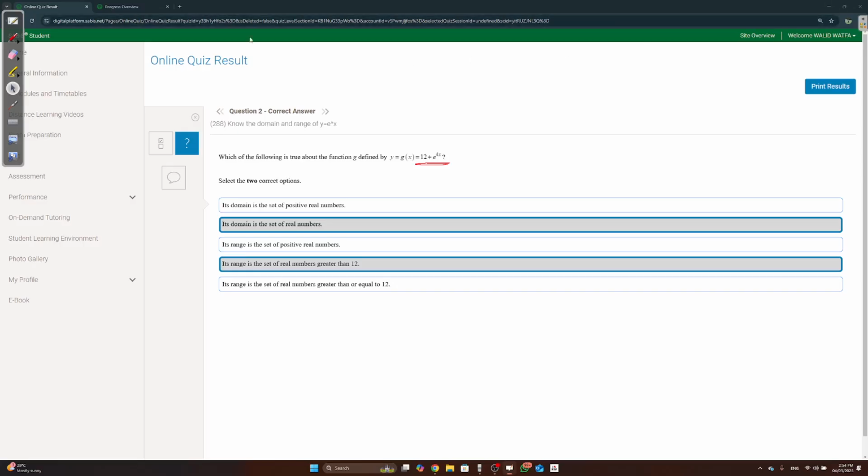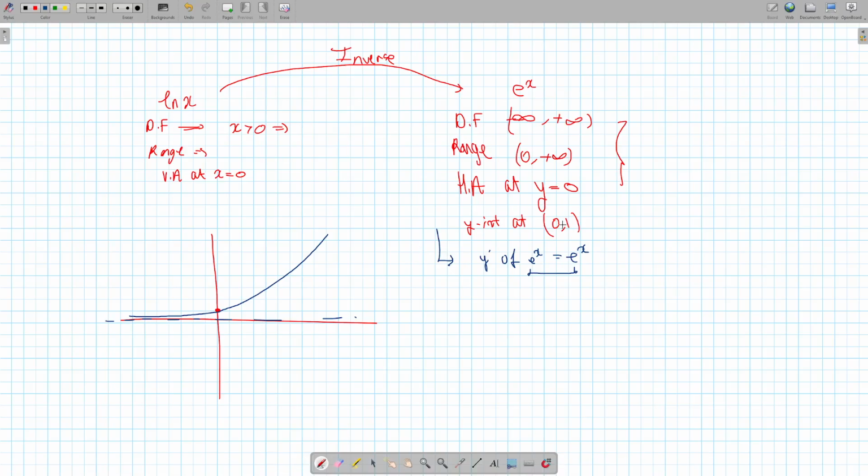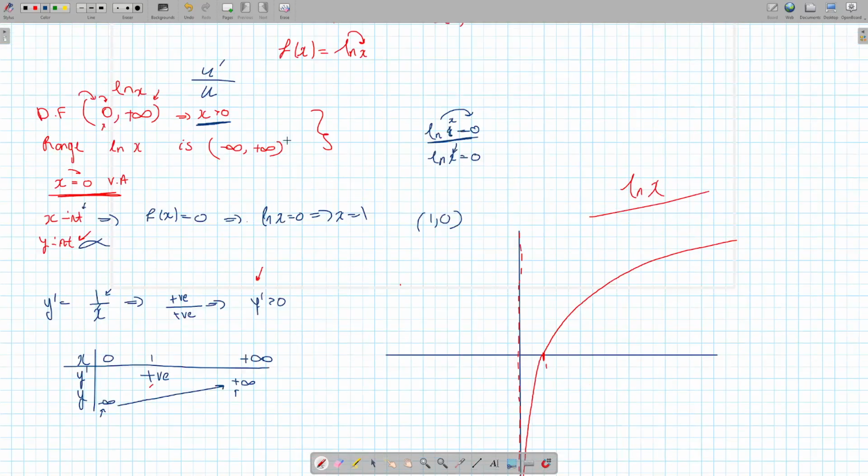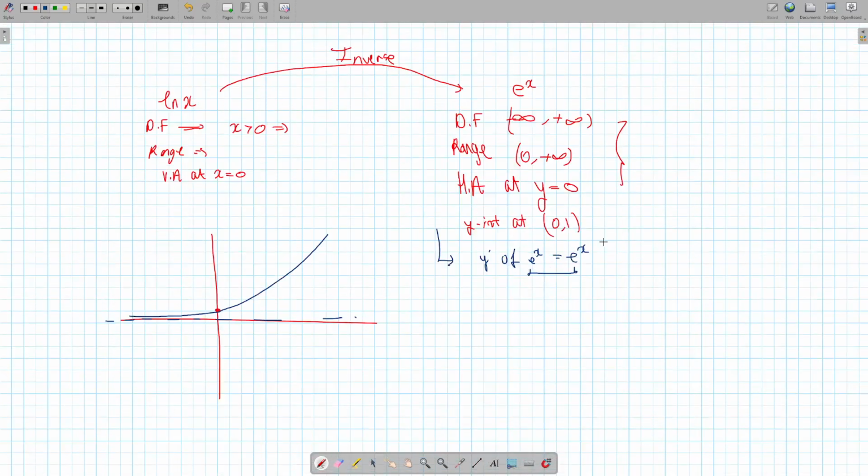The proof for this is not for your level, so I won't be proving it. Just memorize it. Please be careful. E to the power of x, not a to the power of x. A to the power of x is another case.